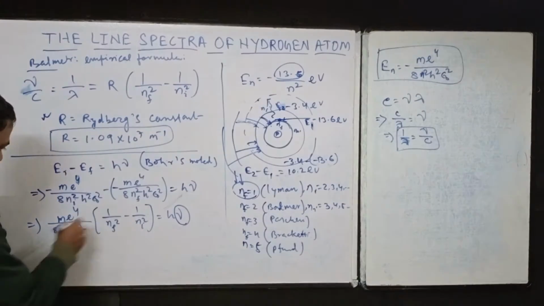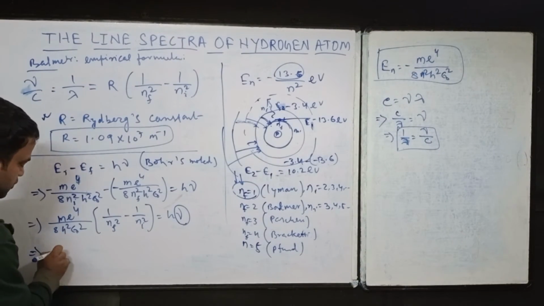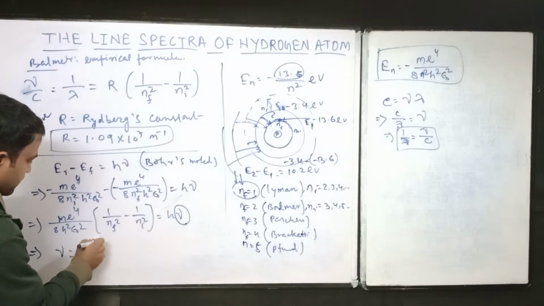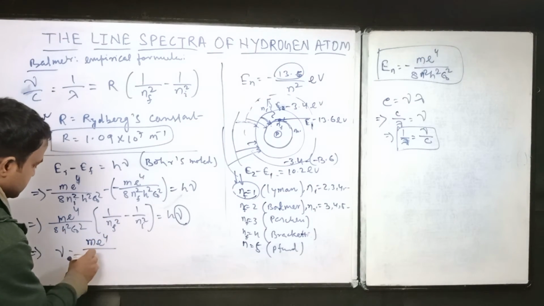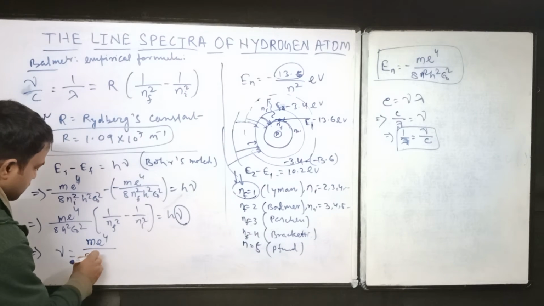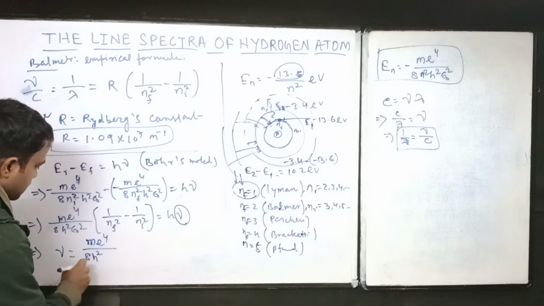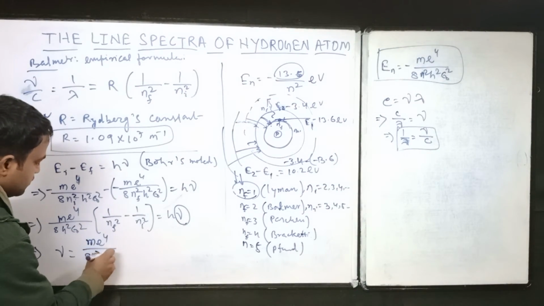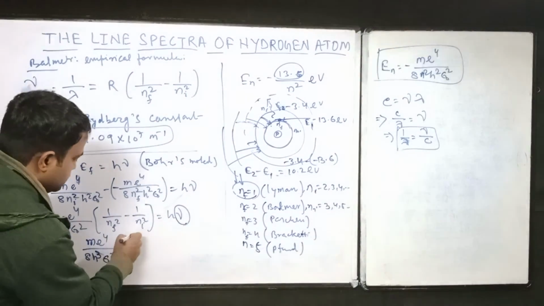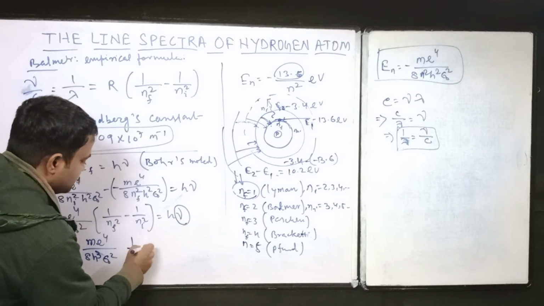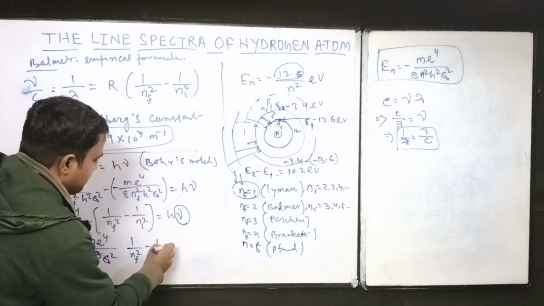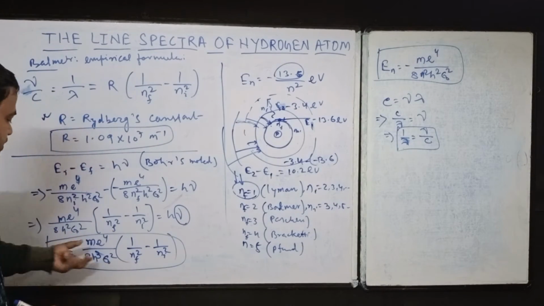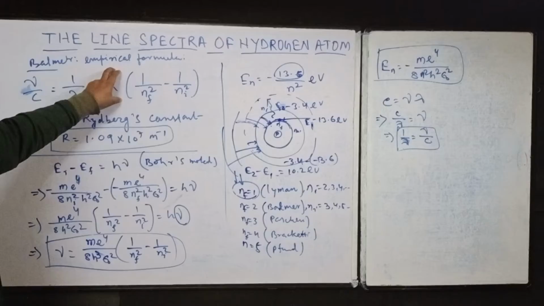So if I rewrite this, nu equals, h will be divided here, so m e to the power 4 over 8, h square becomes h cube, basically h will be divided here, so h cube epsilon naught square, and this is 1 upon Nf square minus 1 upon Ni square. So this is your equation, and this value will be Rc, right?